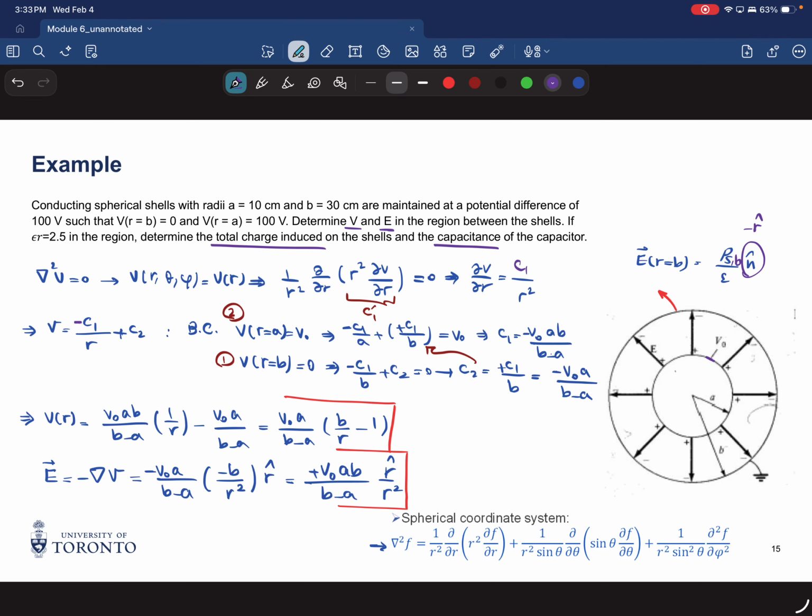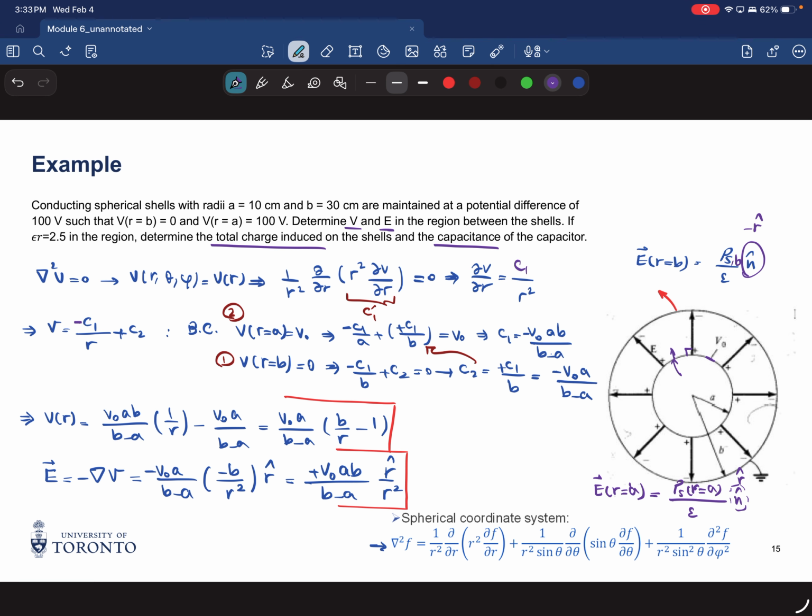The same is true here. If we were looking right here, E at R equal to A, right at the boundary here, it's rho S at R equal to A over epsilon n hat. N hat right here is in R hat direction.